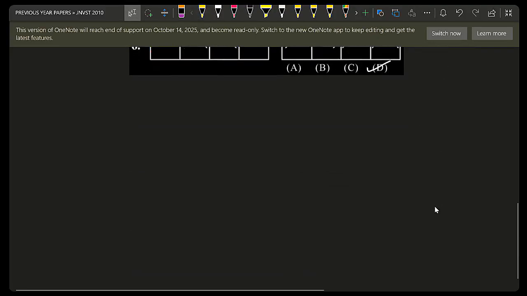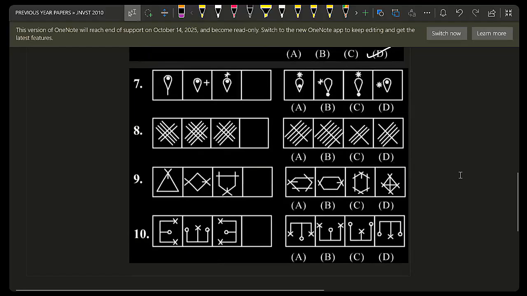Next question. Look at the seventh question and observe the figures carefully.